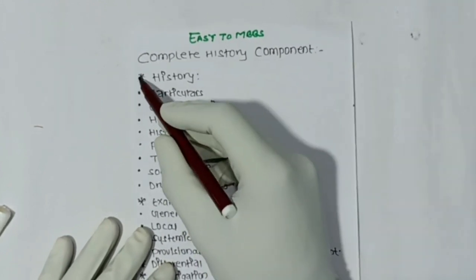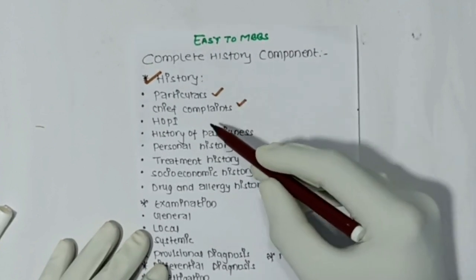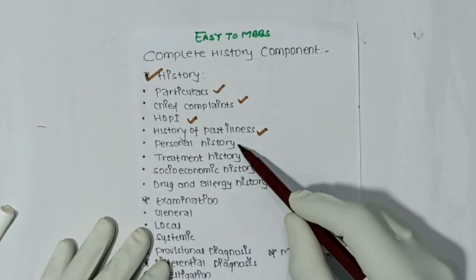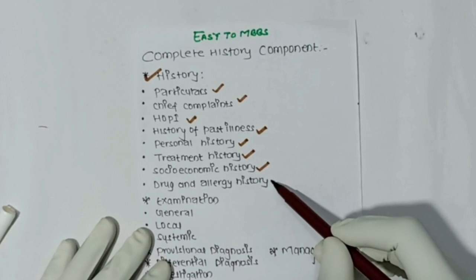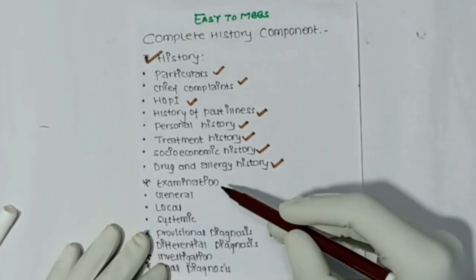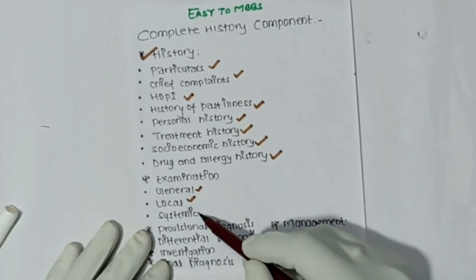First is history. It includes the particulars, chief complaint, history of present illness, history of past illness, personal history, treatment history, socioeconomic history, drugs and allergic history. This is the history part. After history we will take examination, that is general examination, local examination and systemic examination.